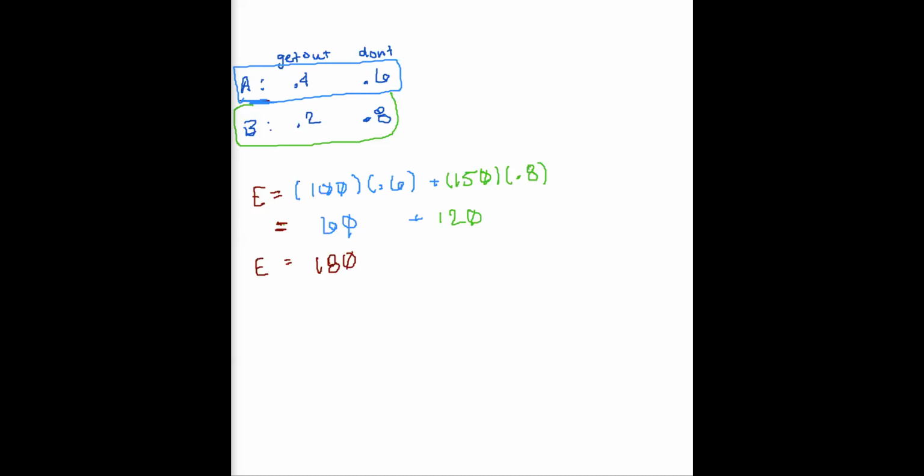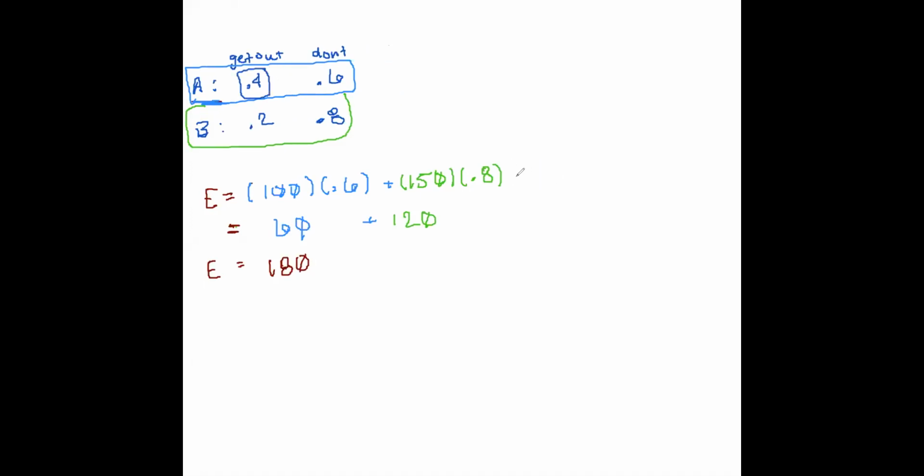But I would break it up into what is the probability you get out of this ticket versus what is the probability that you don't. Additionally, if you just wanted to throw in, you could include the sections here. For instance, here is the probability that you get out of the ticket. That's going to be $0 that you pay times 0.4.